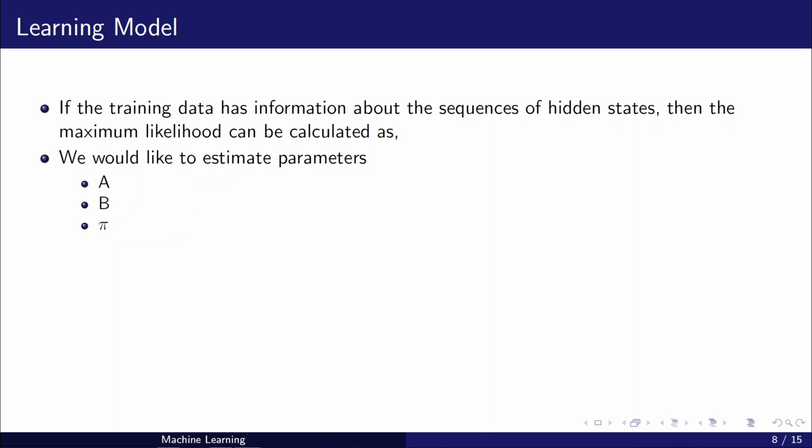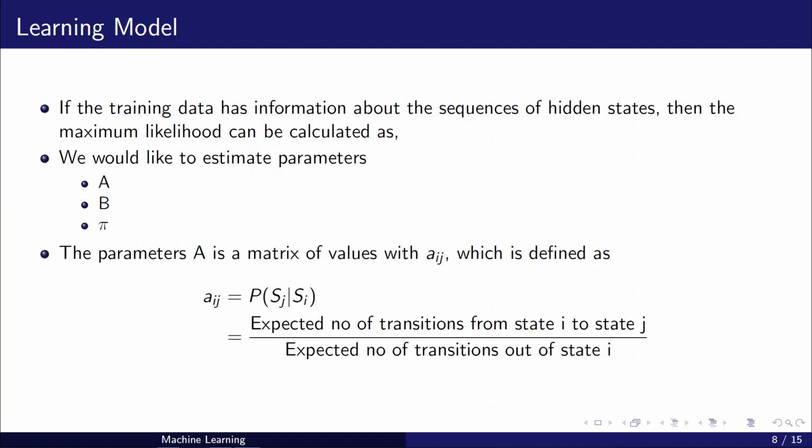If the training data has information about the sequence of hidden states, then the maximum likelihood can be calculated for some value A, B and pi. We would like to estimate the parameters A, B and pi, right? If the training data has the sequence of states, then we can directly calculate it. A is the matrix of values Aij, defined as the transition from state i to state j.